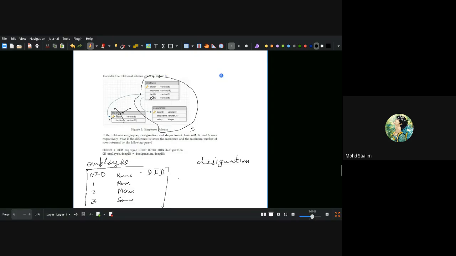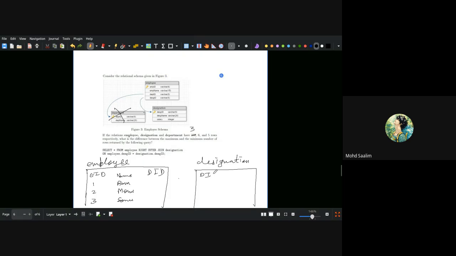You can see designation ID is also given inside the employee table, so this is a foreign key, because whenever an arrow is given in these types of diagrams, it means a foreign key. The arrow is pointing to a key, and that is the primary key. And from where it is coming, that is the foreign key.